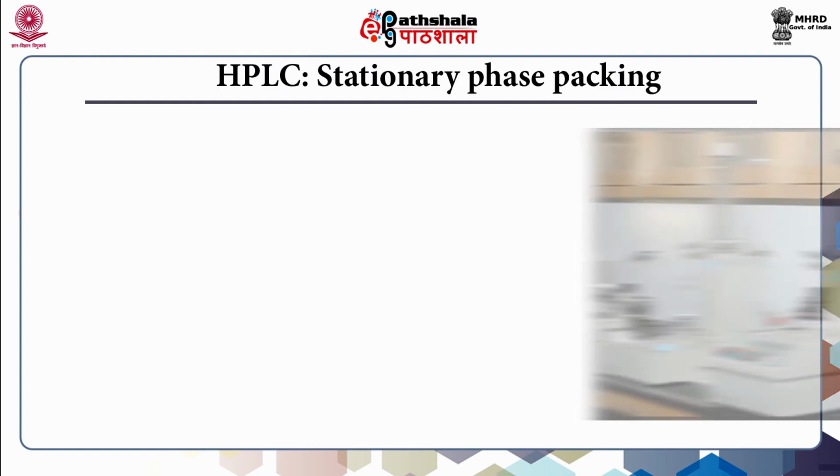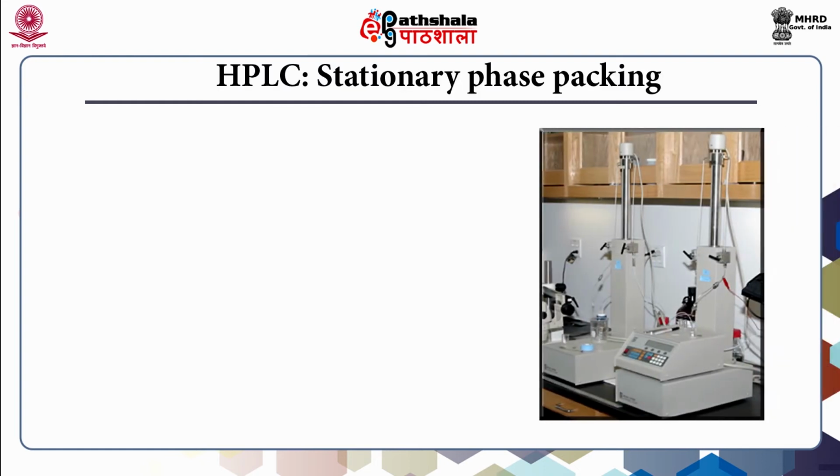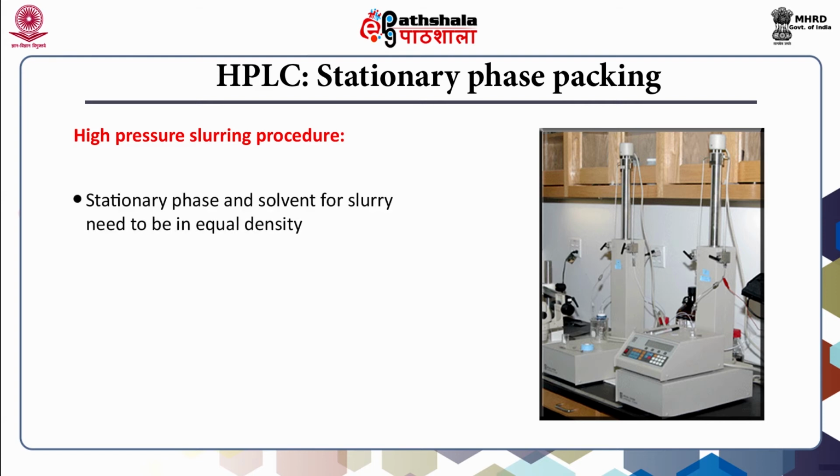The stationary phase is packed into an HPLC column by a specific procedure called the high pressure slurry procedure. In this procedure, the stationary phase and the solvent used for the slurry need to be of equal density, and the slurry is pumped into a column by high pressure.